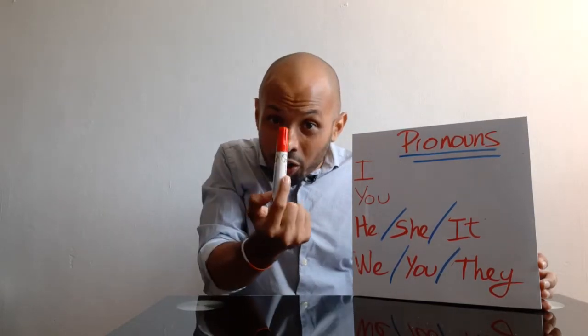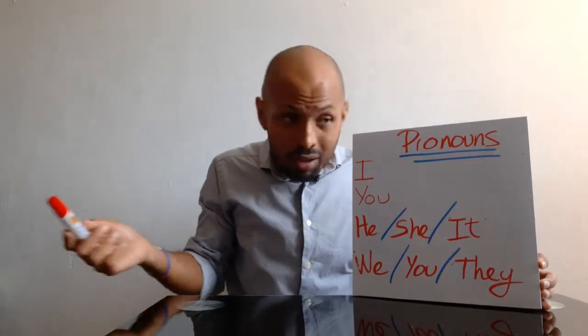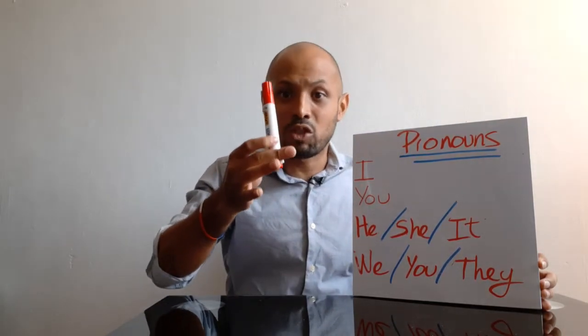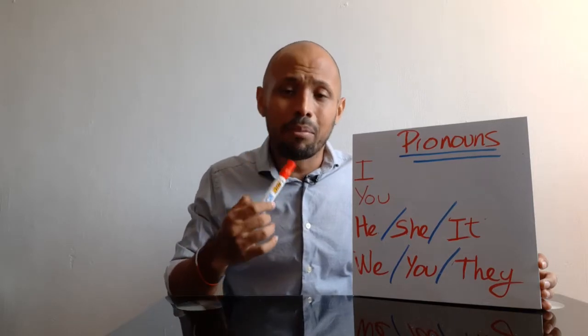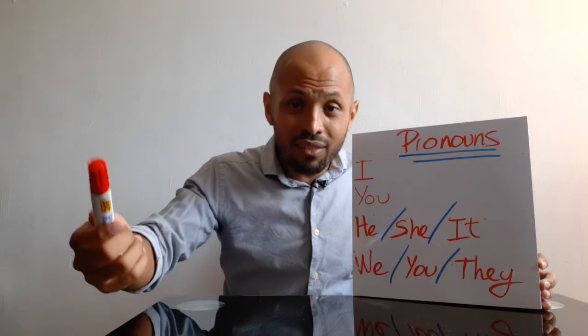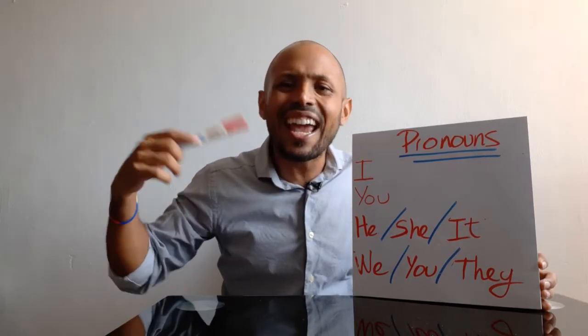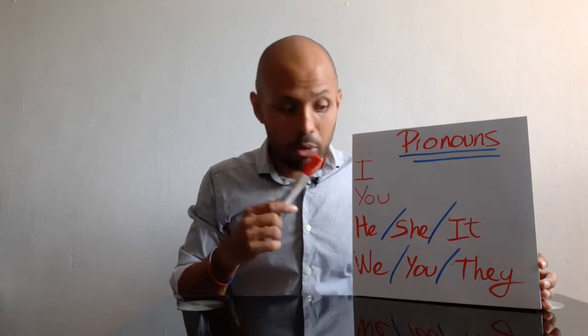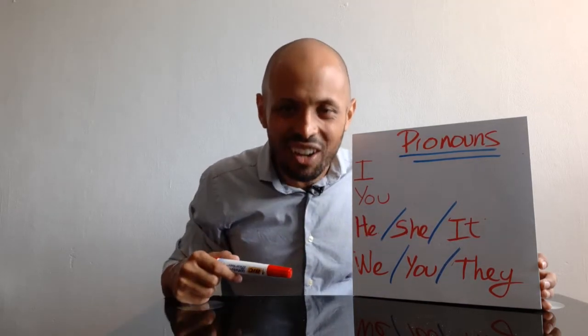That is not part of this interaction, he or she. I can talk about it: my marker, this little board right here, and YouTube, anything that is an object. Remember, these are singular.